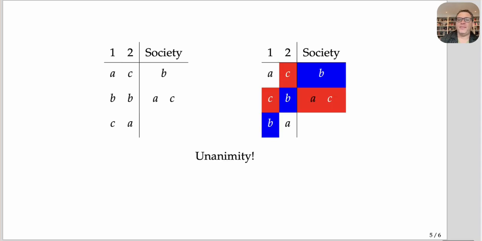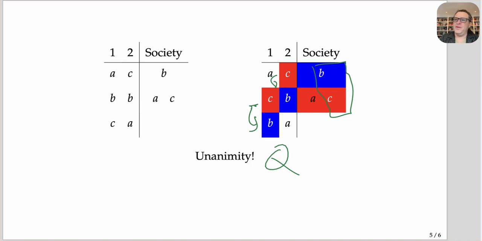So what's the problem? Well, over here in profile Q, everybody ranks C above B. All of the voters rank C above B. But by Pareto, that means society has to rank C above B. But we just argued by transitivity and IIA that society has to rank B above C. So that's impossible.